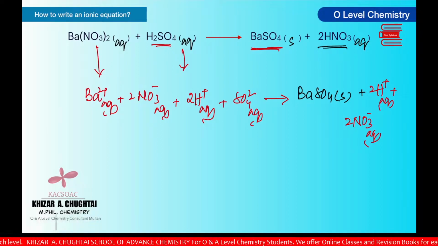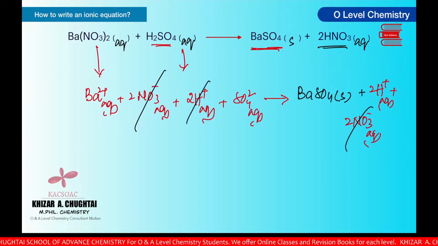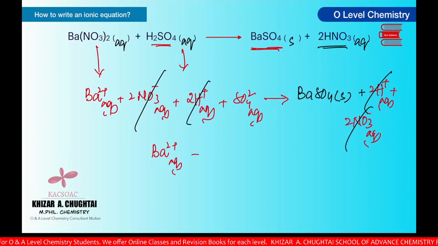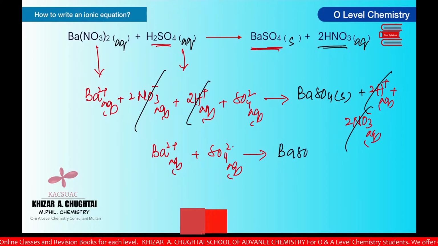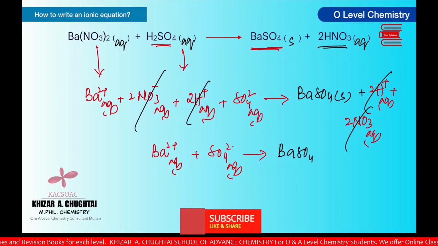Nitrate ions will be cancelled out, and the H+ ion as well. The remaining ions are barium 2+ ion aqueous plus SO4 2- ion aqueous, which goes to barium sulfate solid.